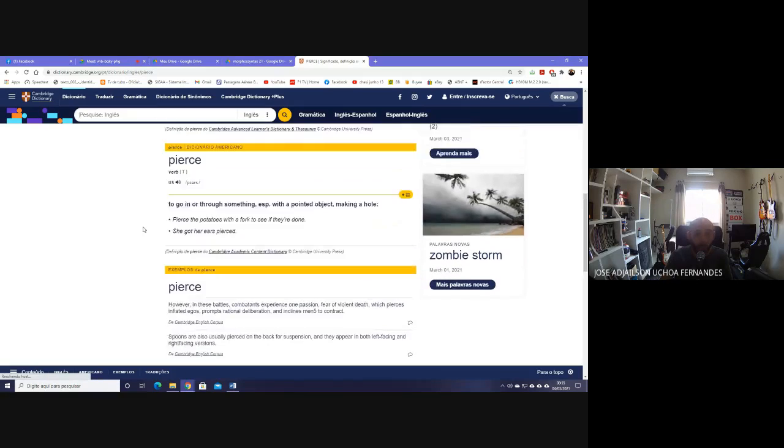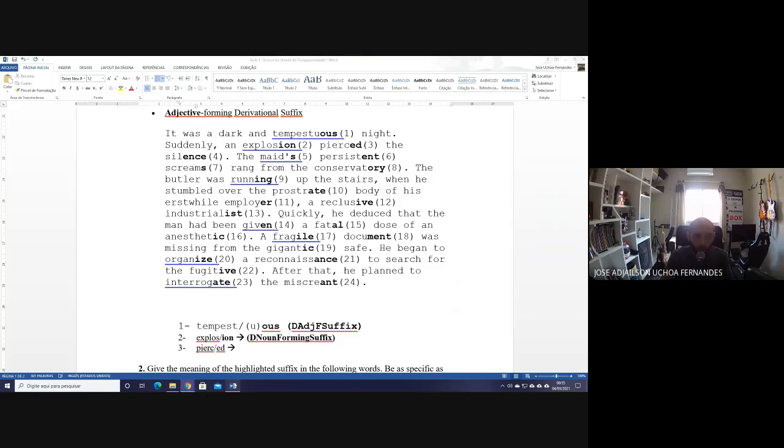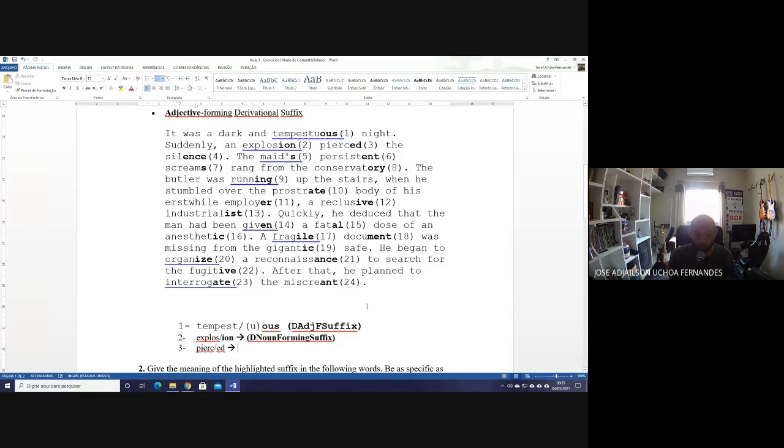Okay, now pierced. If I say I pierced a coconut to have its water, or I will pierce this coconut to have its water, do I have a drastic change in meaning or just a change in verb tense? What do you think, Raissa? Verb tense. Now let's reflect.